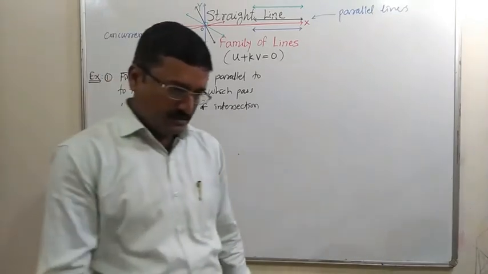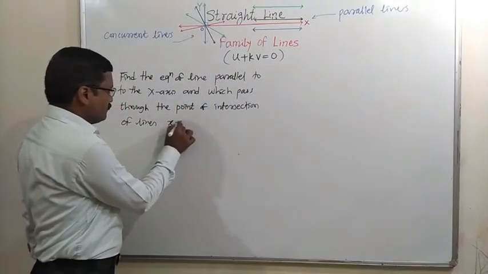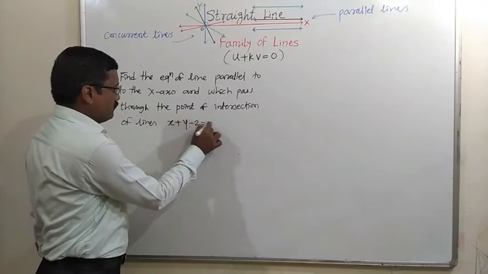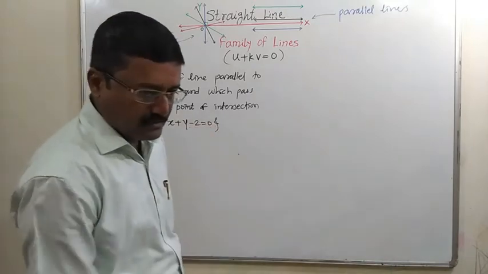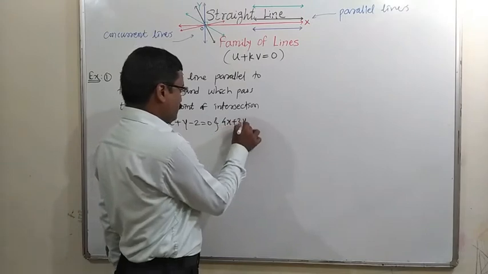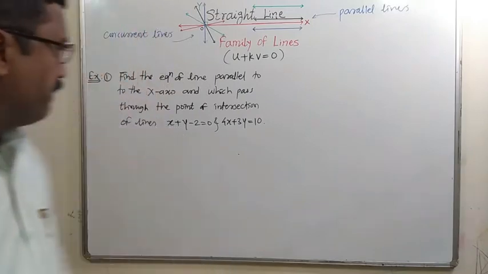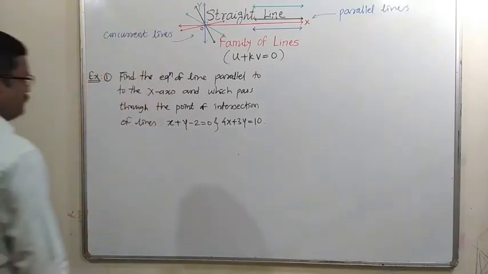Let us see the two lines x plus y minus 2 equal to 0 and 4x plus 3y equal to 10. These two lines are given.